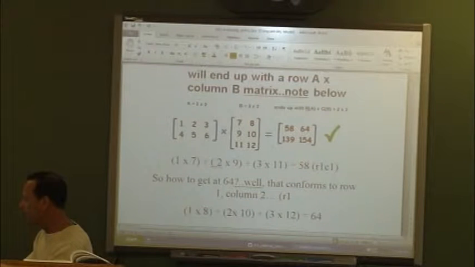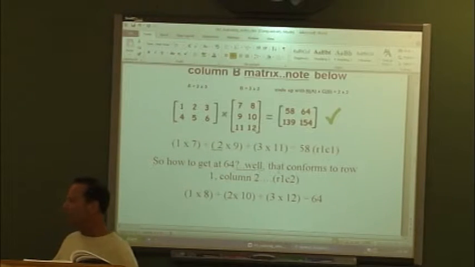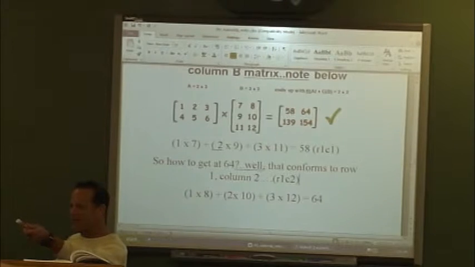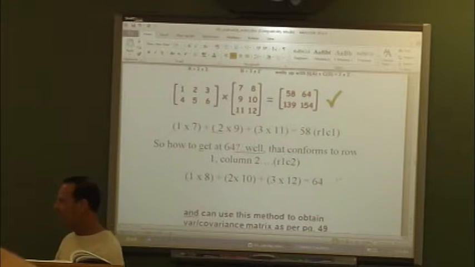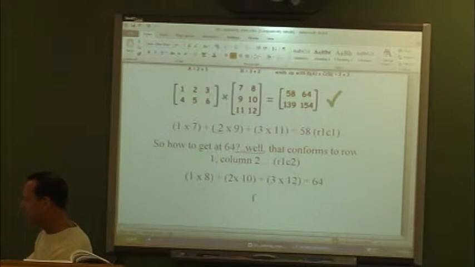And this is row 1, column 2. Now for the 139, that's row 2 by column 1. Yes, 4 times 7, there you go, plus 5 times 9 plus 6 times 11.